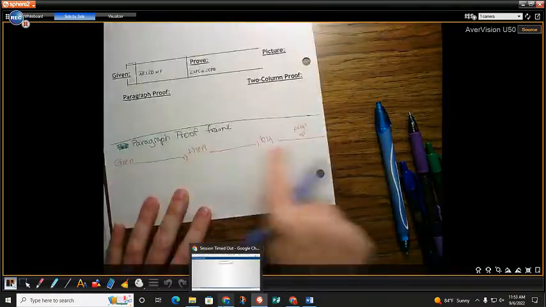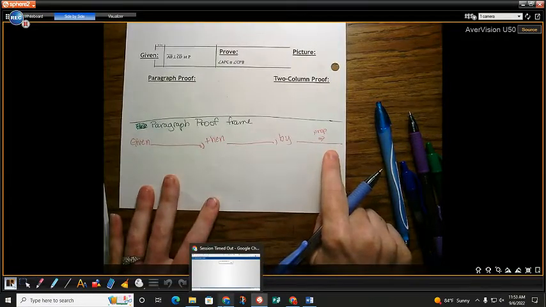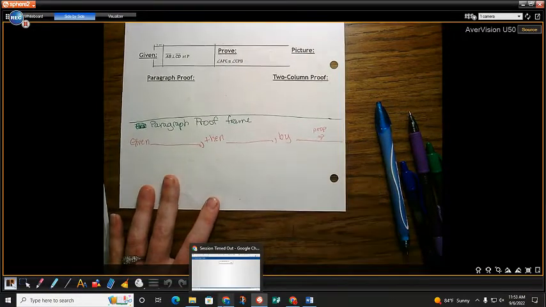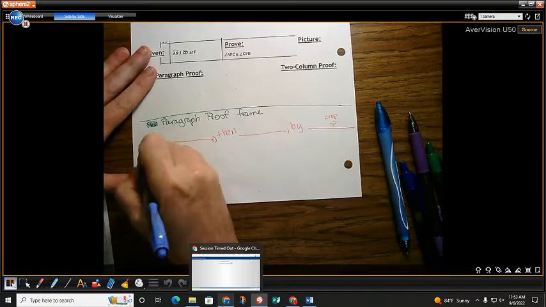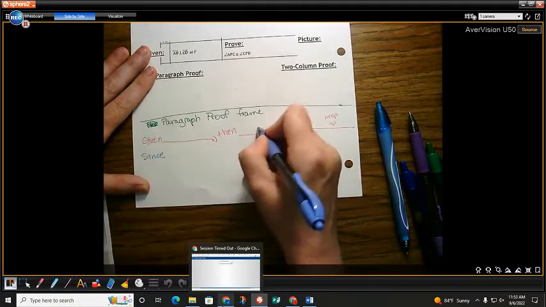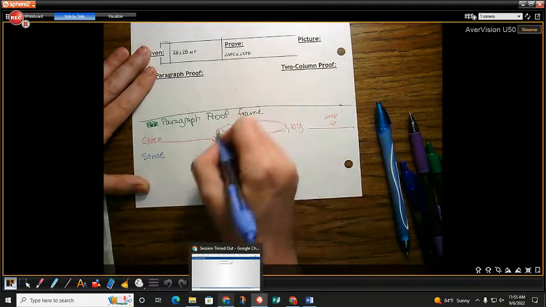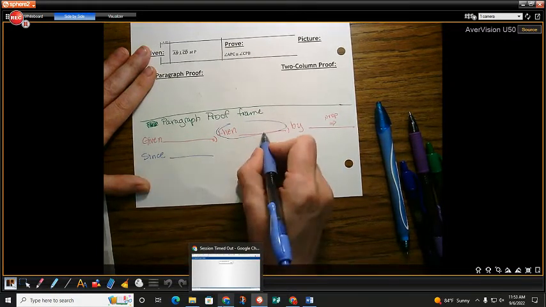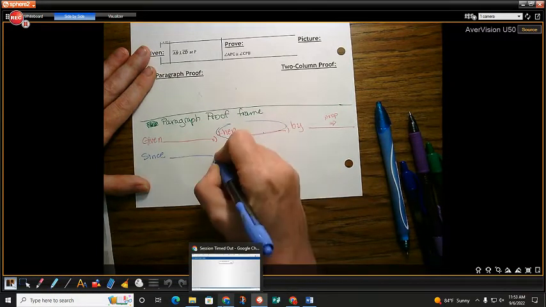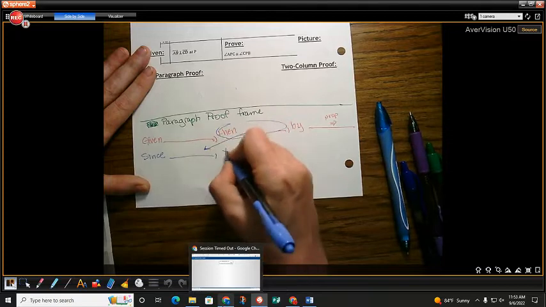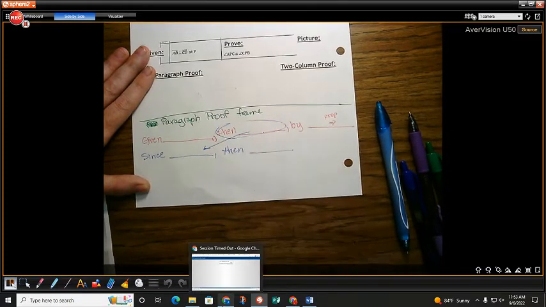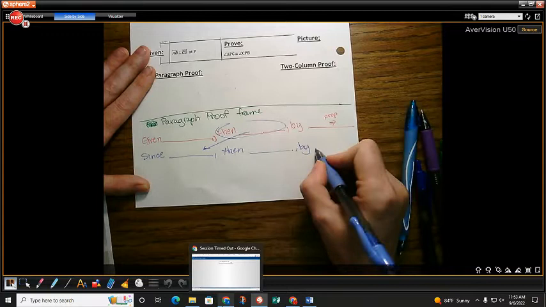But what if one line doesn't get me to where I wanted to prove? Now I have to do another loop at it. So I say, since whatever you had here, since that thing is real, then I can say something else by another rule.